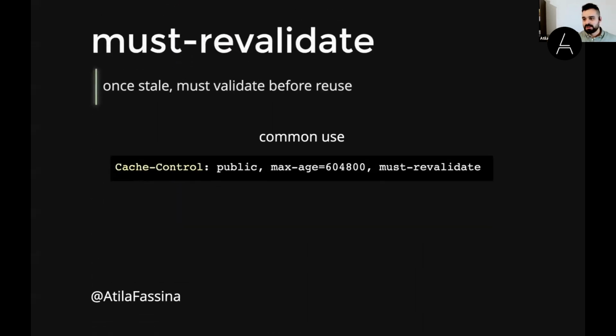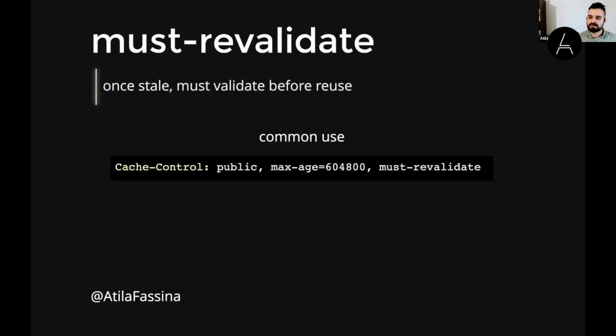Then we have must-revalidate, and it says once the cache goes stale, you need to revalidate before you can actually use it. You might think this is the same as immutable, but the point is, if a resource goes stale and your client is not able to connect to the CDN, if you only have immutable, you're going to get the cached version.